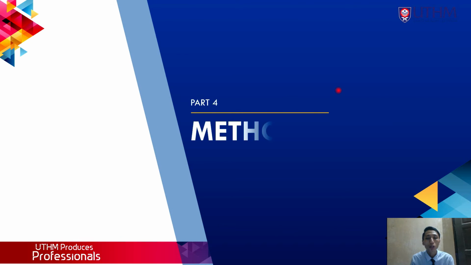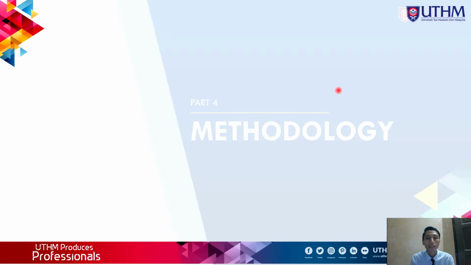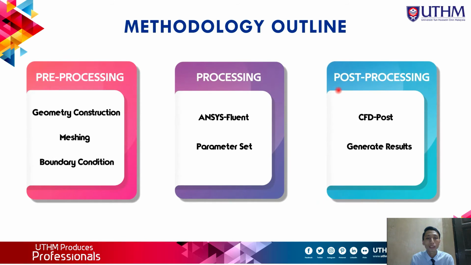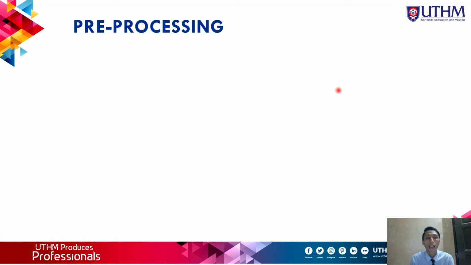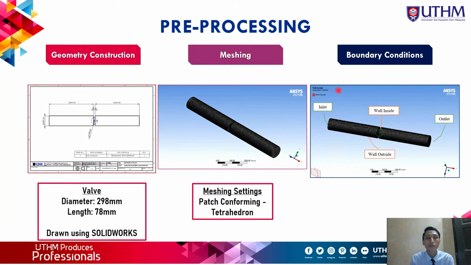Next, we go to our methodology. The methodology consists of 3 big steps: first pre-processing, followed by processing, and lastly post-processing. The pre-processing consists of 3 main parts, which are the geometry construction, meshing, and the boundary conditions.